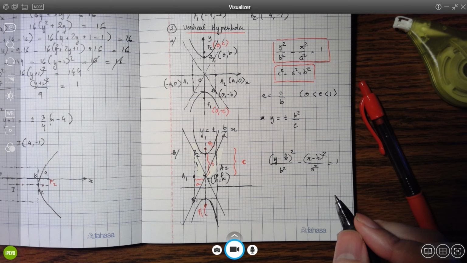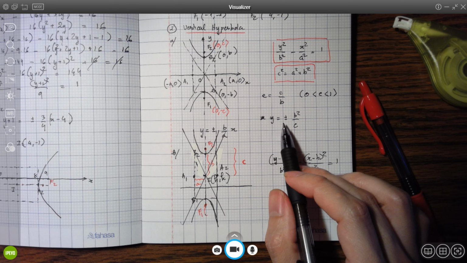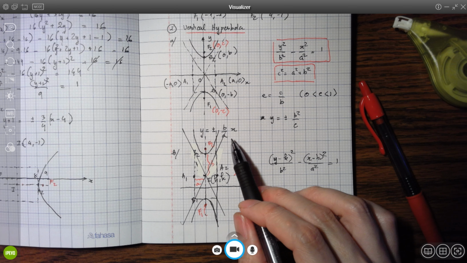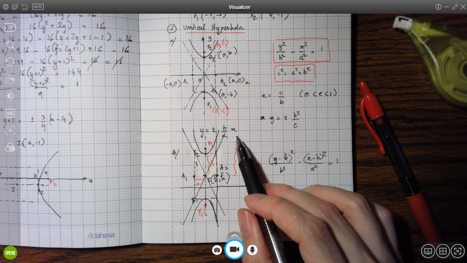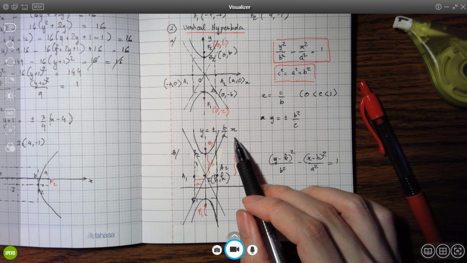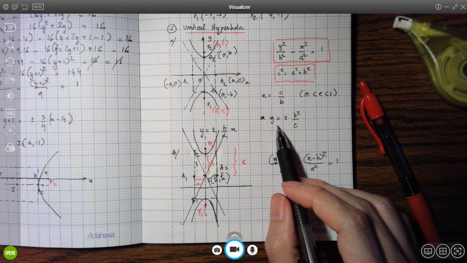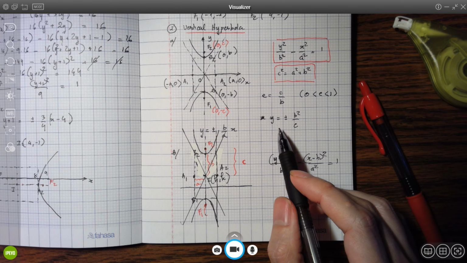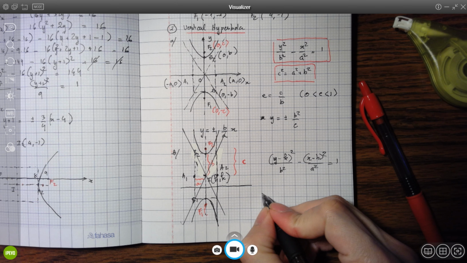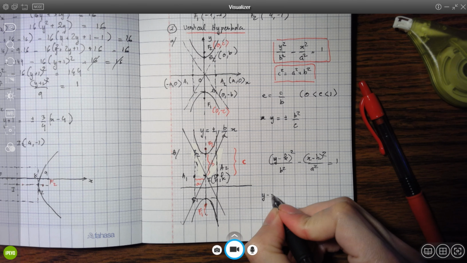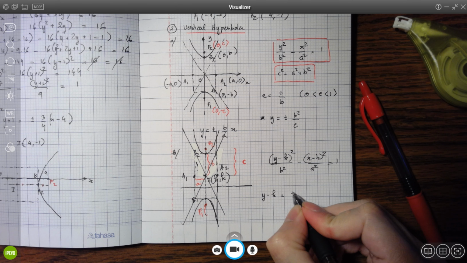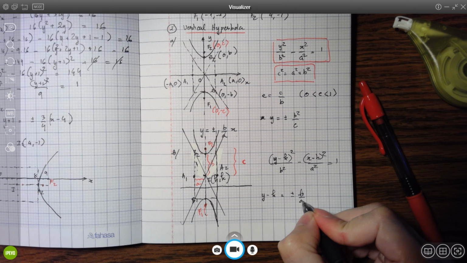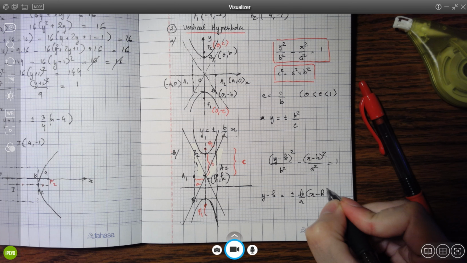The asymptote changes; the directrix equation is the same. The asymptote will be y minus k equals plus or minus b over a times x minus h.